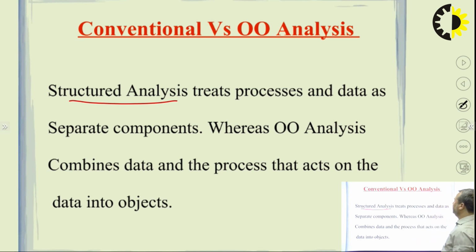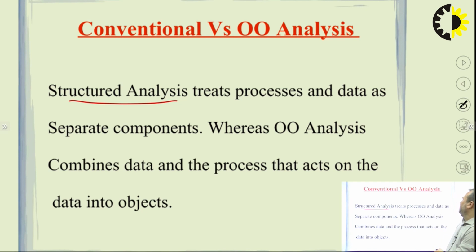Structured analysis treats processes and data as separate components, whereas object oriented analysis combines data and process, and that acts as an object. In object oriented analysis we have to identify in terms of objects, not the process and not the data. If we have identified the object, according to the object we may write the attributes and methods.